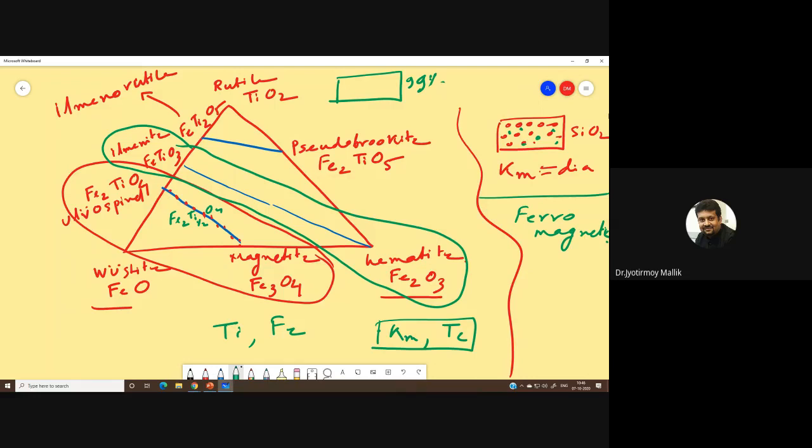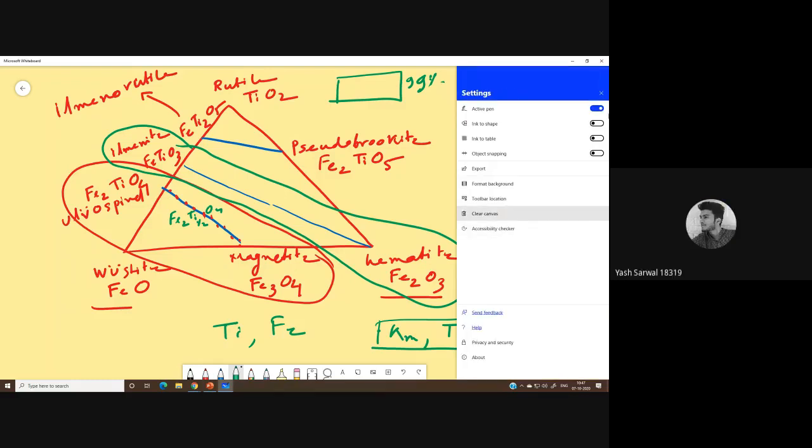These are all ferromagnetic minerals at room temperature, and the presence of them in any rock changes the bulk susceptibility drastically.